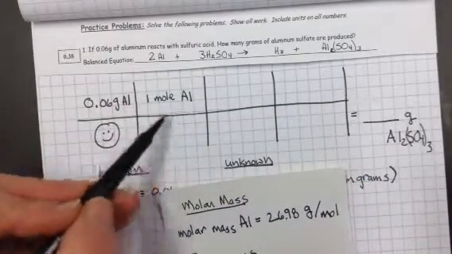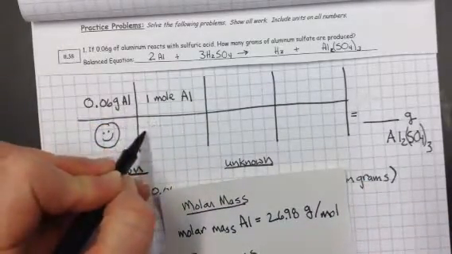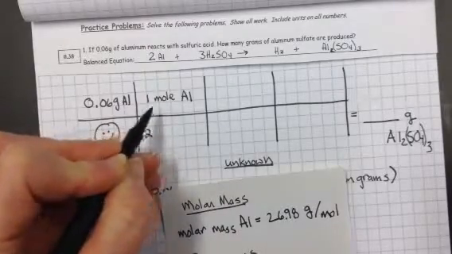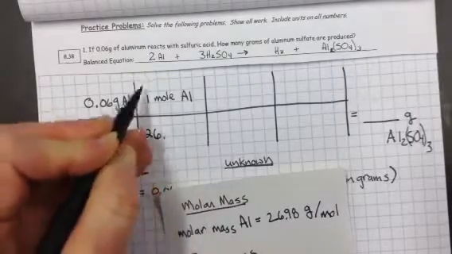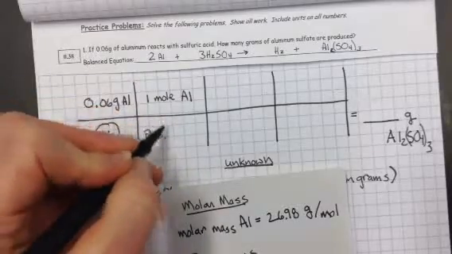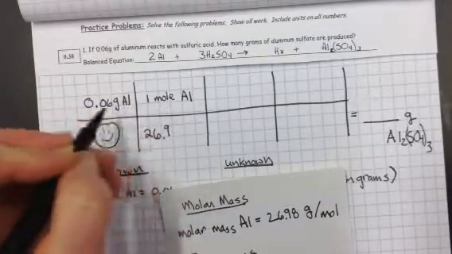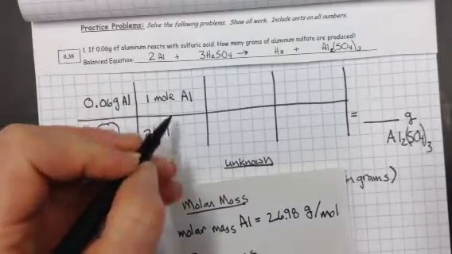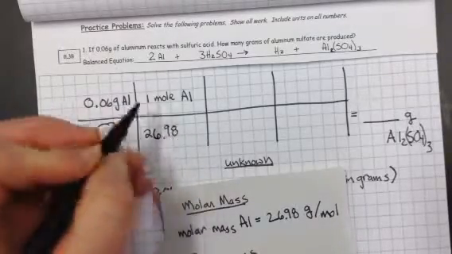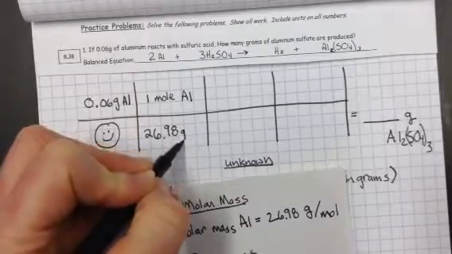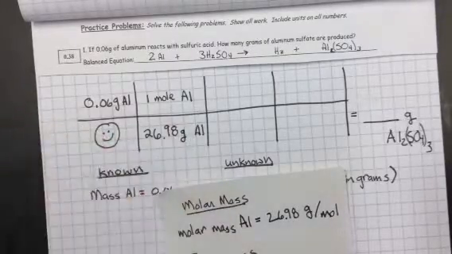We know we want moles and we want to cancel out the grams, and 1 mole of aluminum is equivalent. That's how we can use this for our factor labeling. This needs to be equivalent to this in order to multiply it by our original amount and not change the quantity, grams of aluminum.